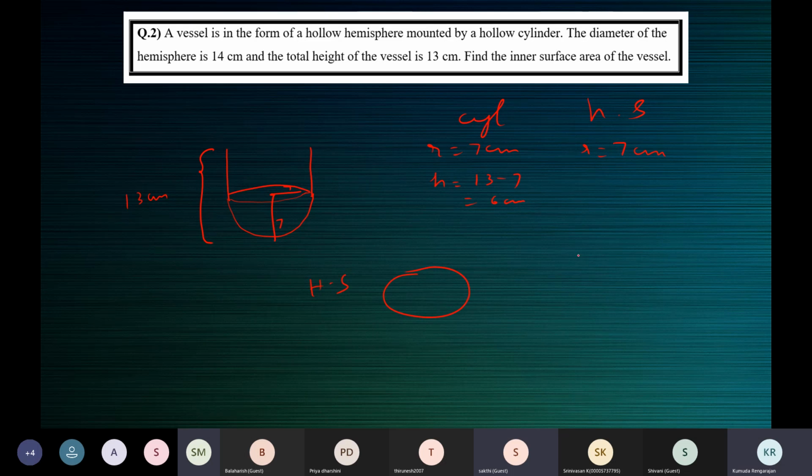And for a cylinder, only when the circle here and circle here both are taken, it is TSA. So without this circle for the hemisphere, it is CSA. Without these two, for the cylinder, it is CSA.